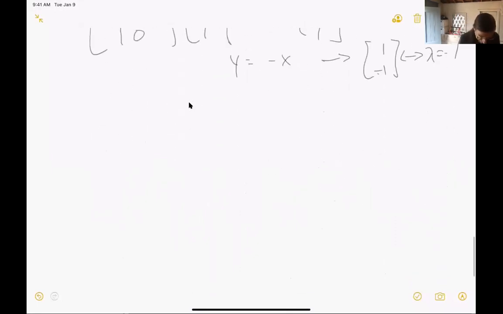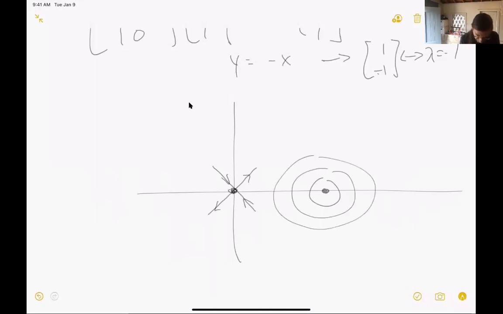So now we can draw it. We have two equilibrium points at (0, 0) and (1, 0). At (0, 0), we have the direction y equals x, where we have a source, the direction y equals minus x, where it looks like we have a sink, and then we have this center around (1, 0). It looks to me like things have to be going clockwise to be consistent with the other arrows I drew.